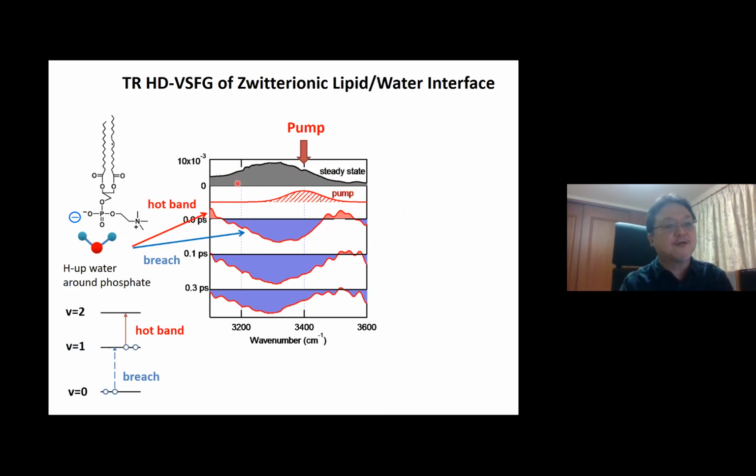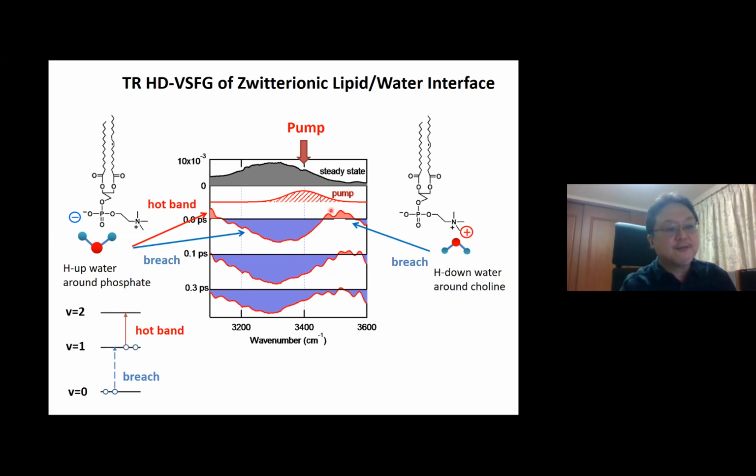It consists of a positive peak and a negative peak. Then spectral diffusion occurs, and this small feature is washed out by these much larger negative bands.